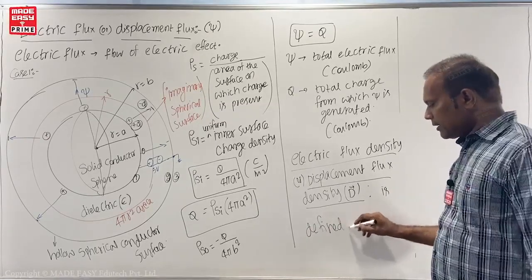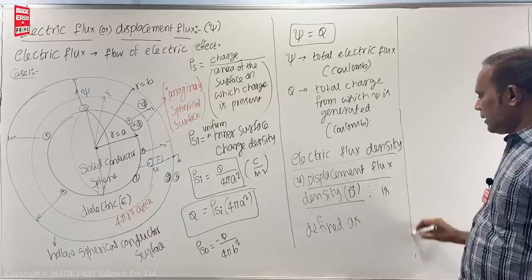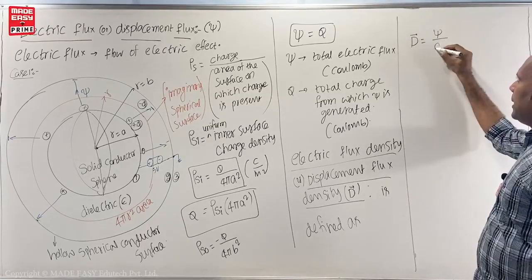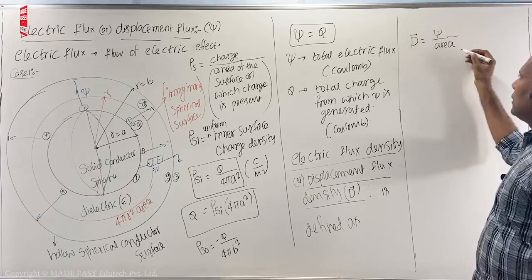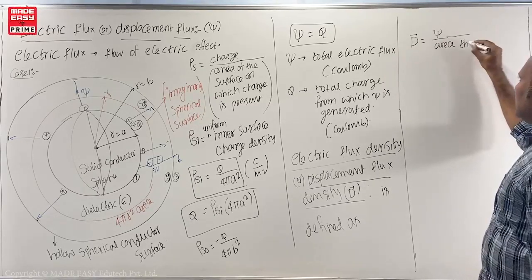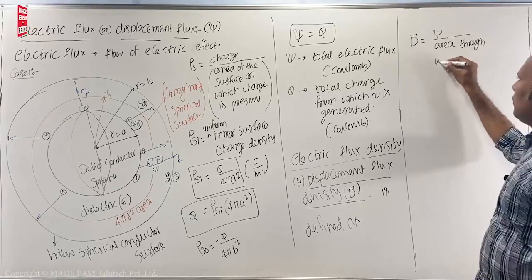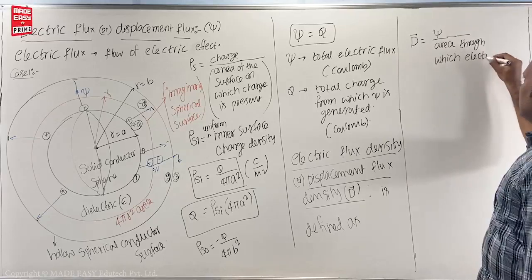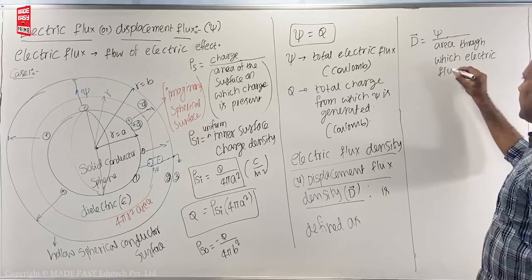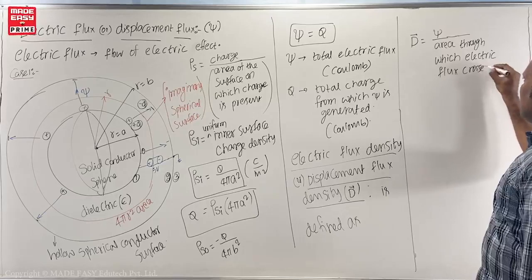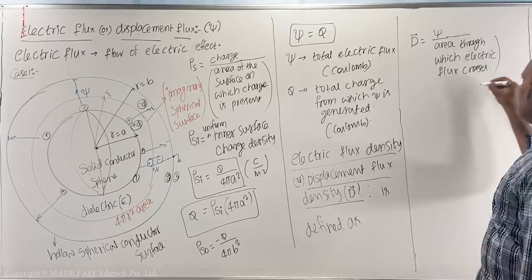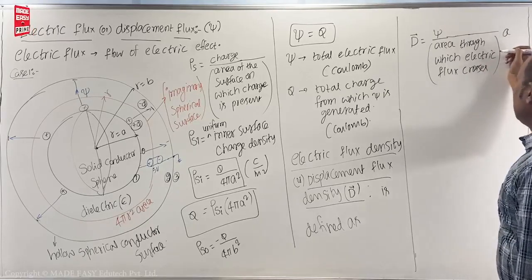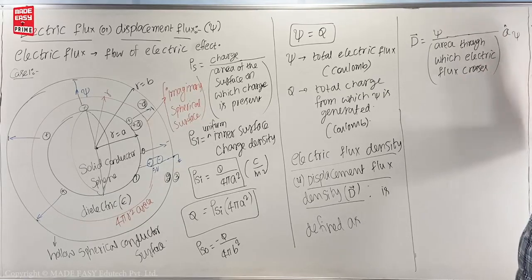defined as D bar equal to electric flux divided by the area through which the electric flux crosses, multiplied by the electric flux direction.